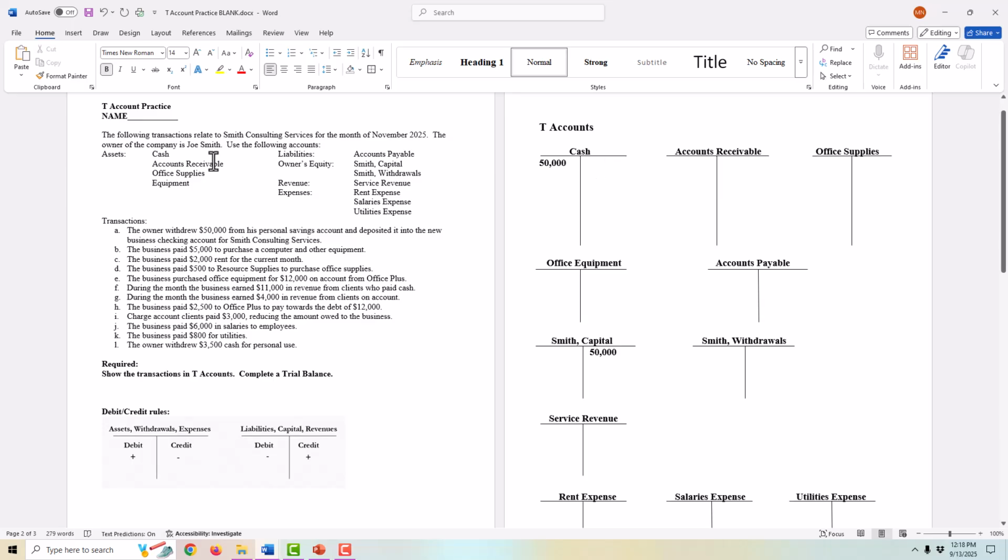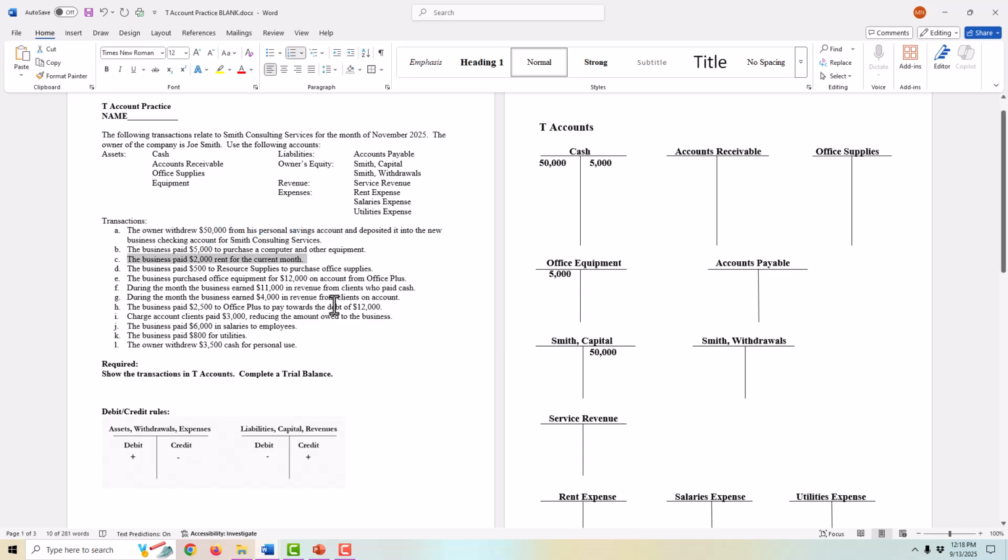So we're subtracting from cash. When you subtract from an asset, that's a credit. So I'm just going to put $5,000 on the credit side of this T account. And then we're also adding to office equipment, which would be a debit.